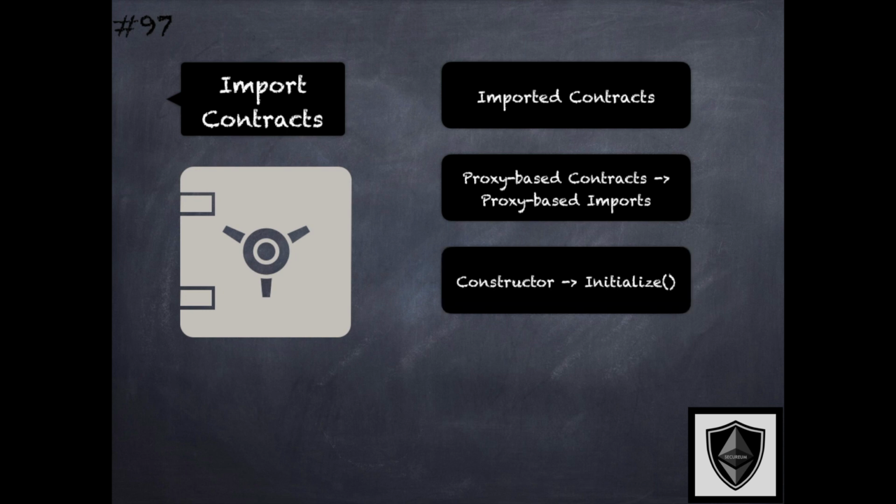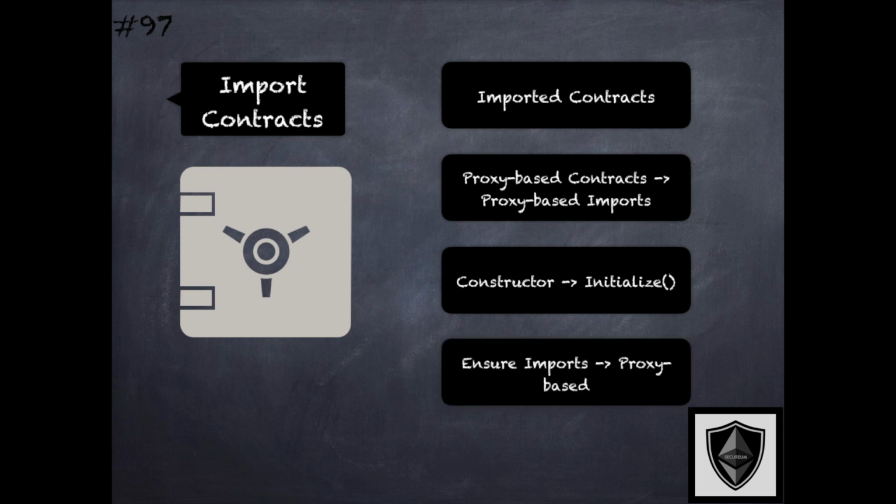In other words, the base contracts should also not use a constructor. They should be using an initialize function, and such contracts should also not initialize state variables during declaration. And the best practice is to make sure that the imported contracts also follow those rules.